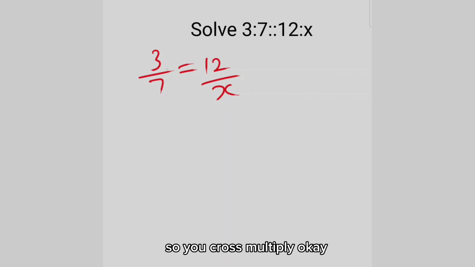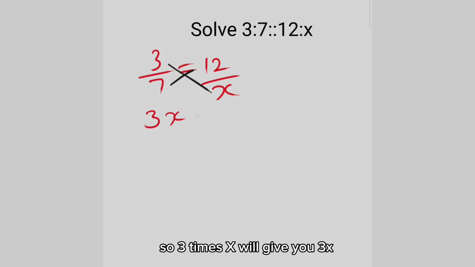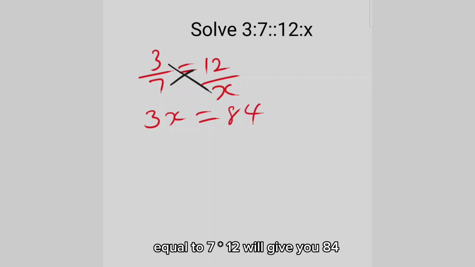So you cross multiply: 3 times x gives you 3x, equal to 7 times 12, which gives you 84.